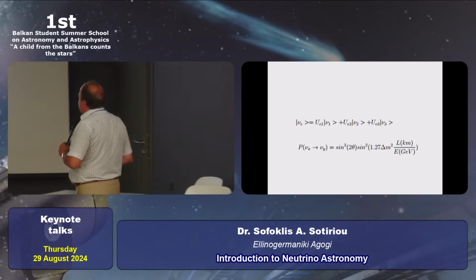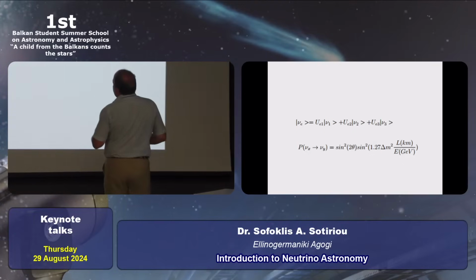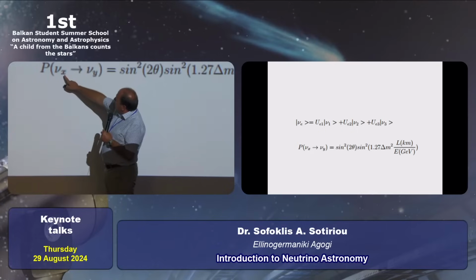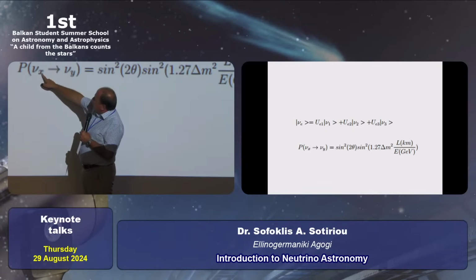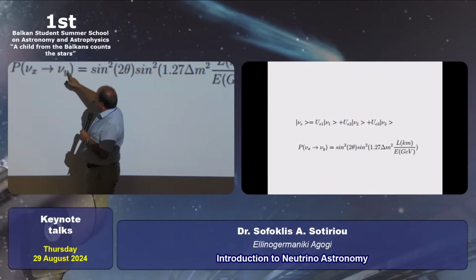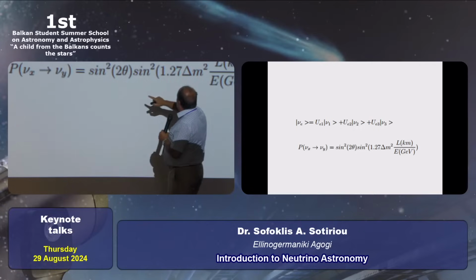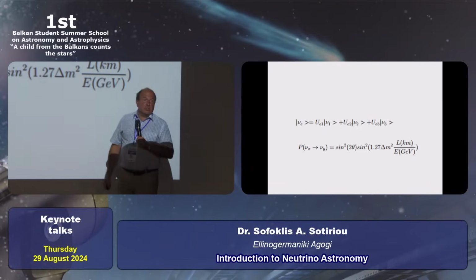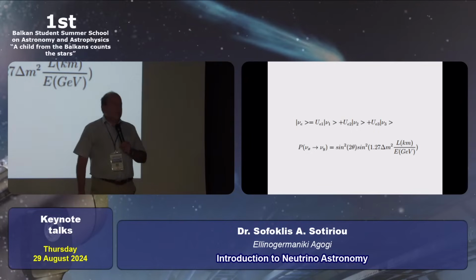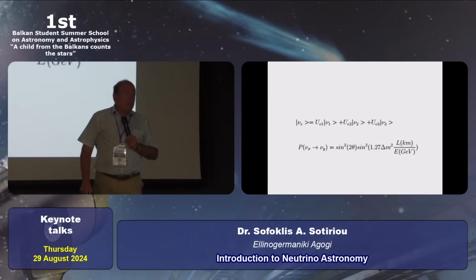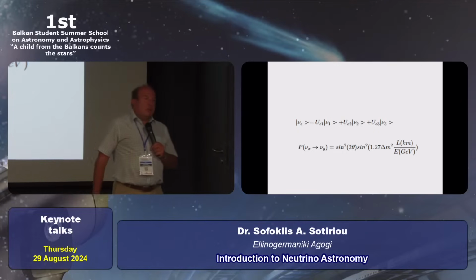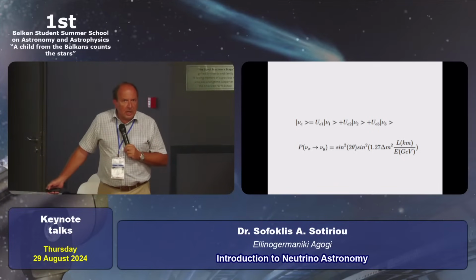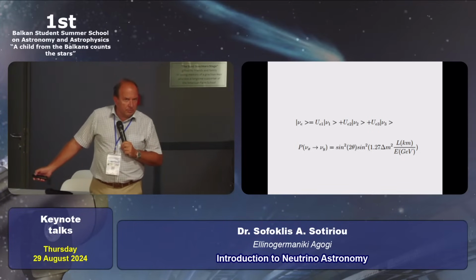Okay? And he said that the possibility that I have for changing from neutrino X to neutrino Y is related to the difference of the square mass of the different neutrino types. Okay? This was his major contribution.